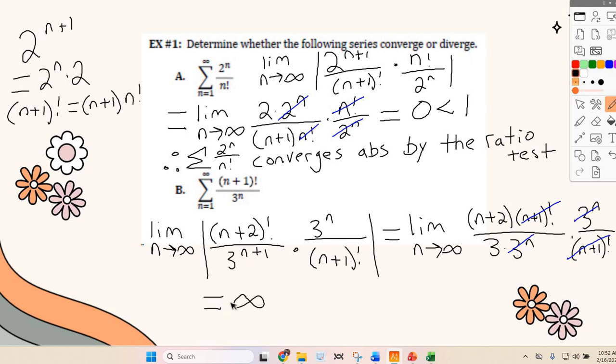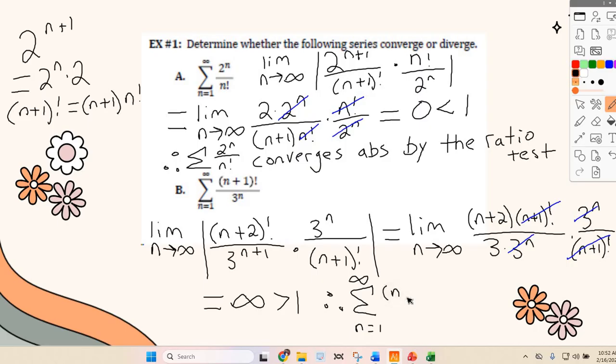My n is on top, so if I am having an n that's going to infinity, then the whole thing will go to infinity. Okay. And infinity is what? Bigger than 1. Therefore, what can I say? Infinite divergence.